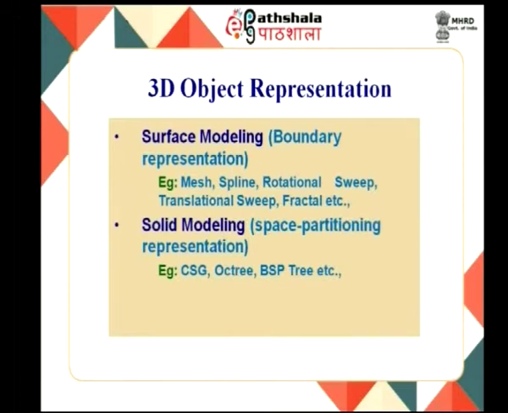Surface modeling can be understood like this. We try to model only the outer surface that encloses the object. Imagine you are trying to model only the outer skin or outer layer that covers the object. That means we will not be modeling the inside of the object in surface modeling. We will be modeling only the outer shell.